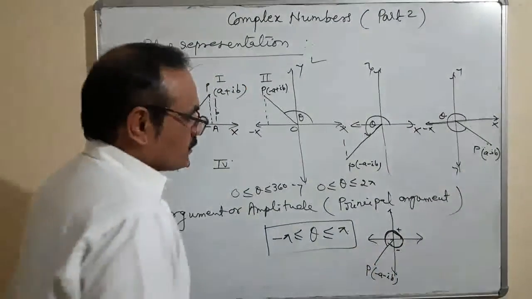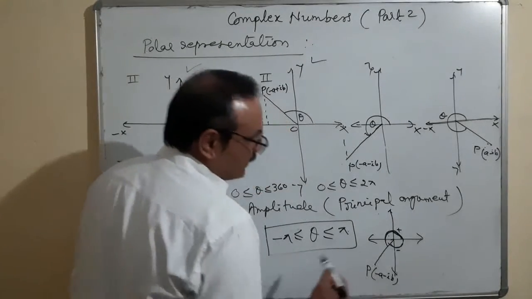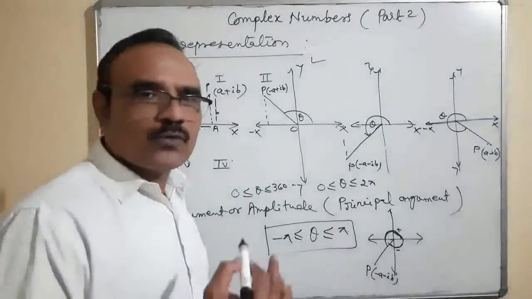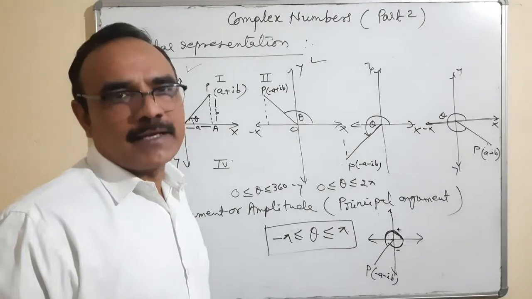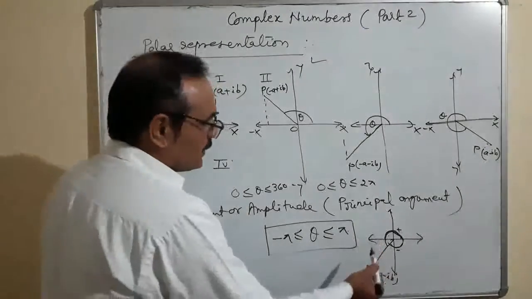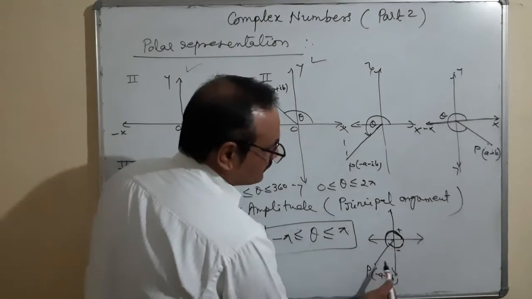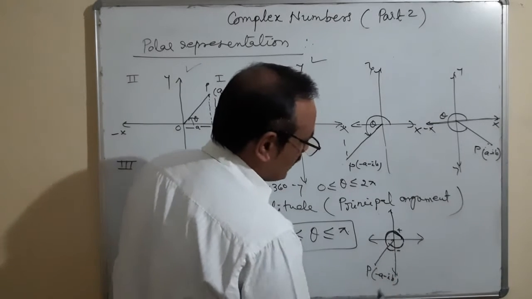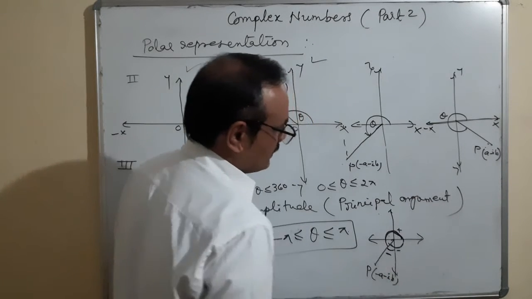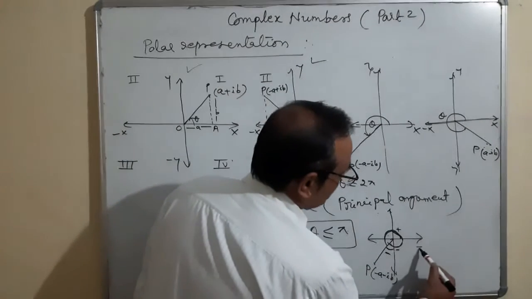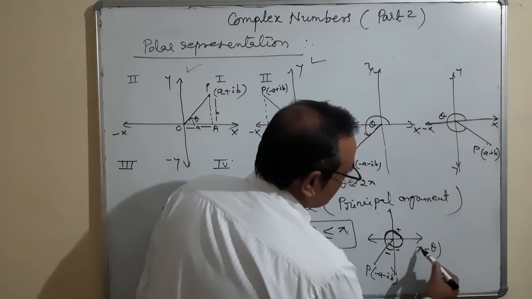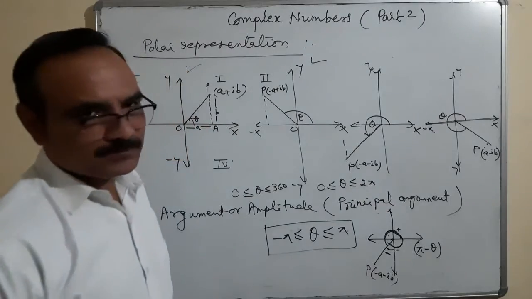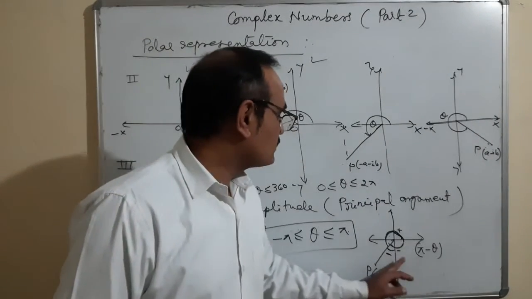Okay. So because here a and b, real part and imaginary part, both are coming in the form of negative. Okay. So here both the real part and imaginary part are treated in the form of minus. So here we can use the term pi minus theta, right? Pi minus theta.